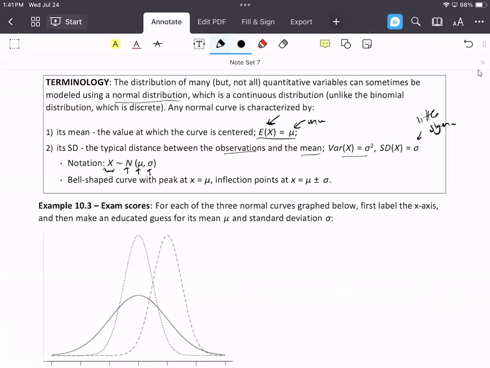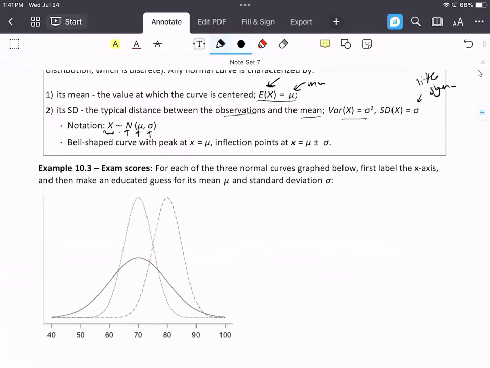Now, hopefully you remember from pre-calculus that these curves have inflection points, in other words, the concavity of the curve changes. So a bell-shaped curve peaks at x equals mu, at these tops here, and has inflection points, where the concavity changes, at mu plus or minus 1 standard deviation.